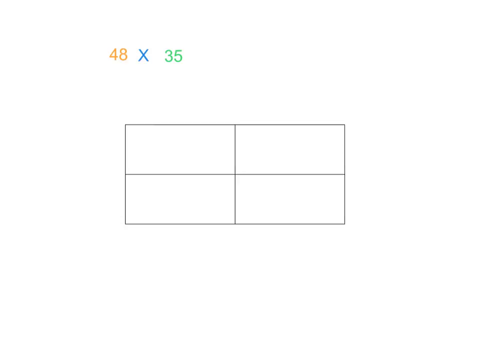Well, I know the 4 is in the tens column, and I have 40. And then I look at the 8, and I see that the 8 is in the ones column. So I only have 8 ones. So you put those numbers on your chart, on your area model, and that's how you set up the first number.